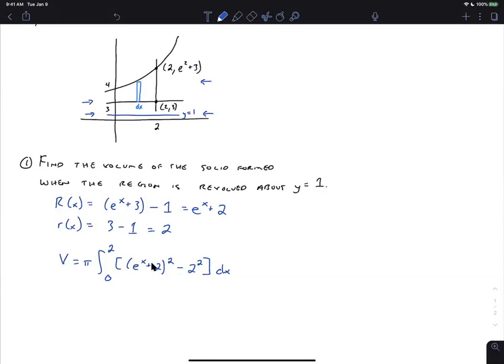you actually need to expand this. So what we're going to do to evaluate it is we're going to go, okay, pi integral 0 to 2, and then I'm going to go e to the x squared is e to the 2x plus 4 e to the x plus 4, and then minus 4 dx.